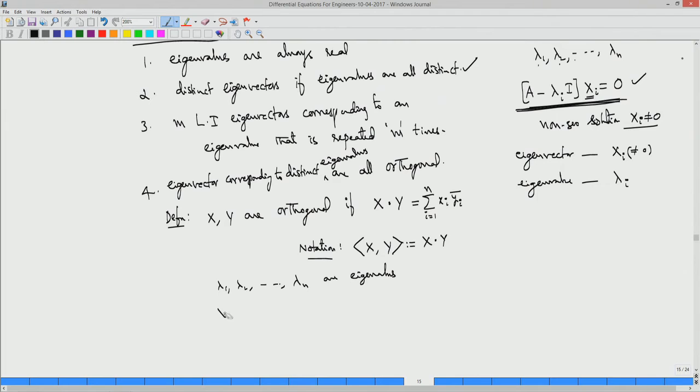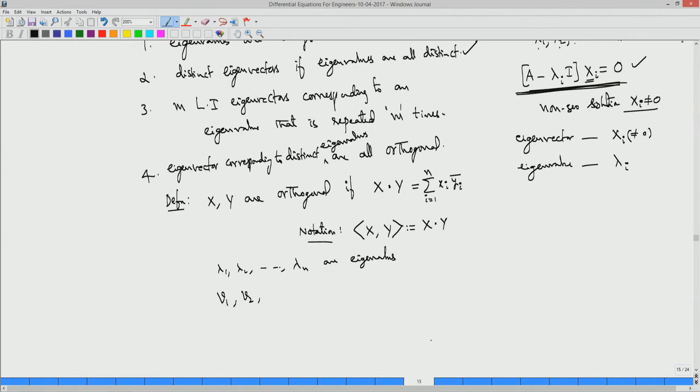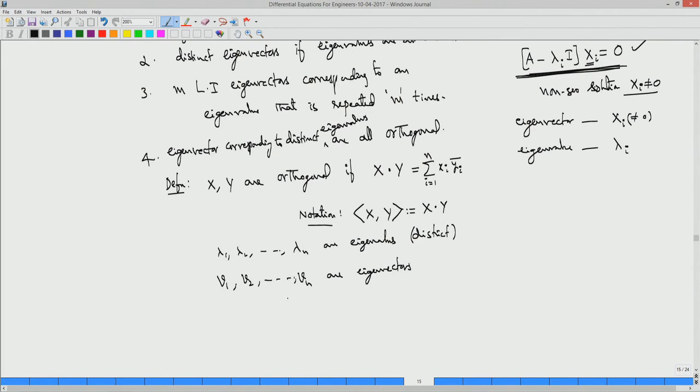Let us call the corresponding eigenvectors V1, V2, up to Vn. When I write small v, that represents the vector. These are all distinct, none of them are the same; if you take any pair they are different from each other. So, these eigenvectors are all orthogonal.